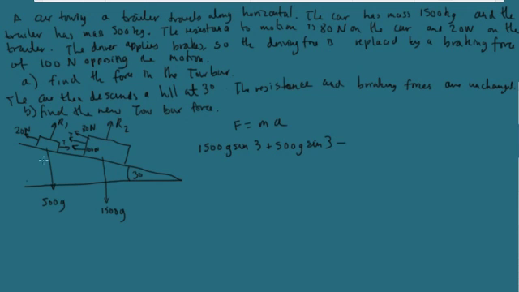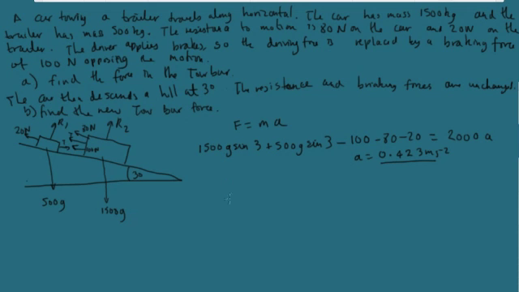And then we'll have the 100 newtons braking force up the slope, minus the 80 minus the 20 of the resistance up the slope, and that must equal the total mass, which is 2000 A. So A would be 0.423 meters per second squared. So this time, because we're on a slope and even though we're braking, the car is now accelerating and not decelerating.